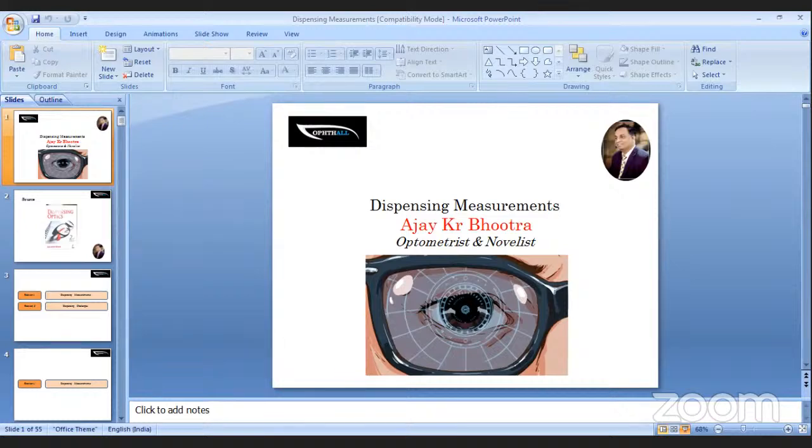Now, before we start talking about the measurement procedure, let us understand what exactly is pupillary distance. The anatomical interpupillary distance is the distance from the center of one pupil to the center of the other pupil, measured in millimeters. You can see in this picture, the distance between the center of the two pupils is called the anatomical interpupillary distance.